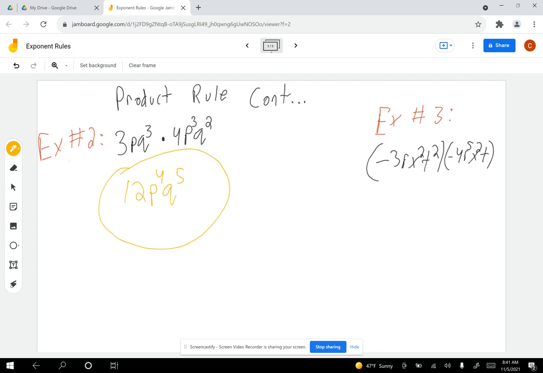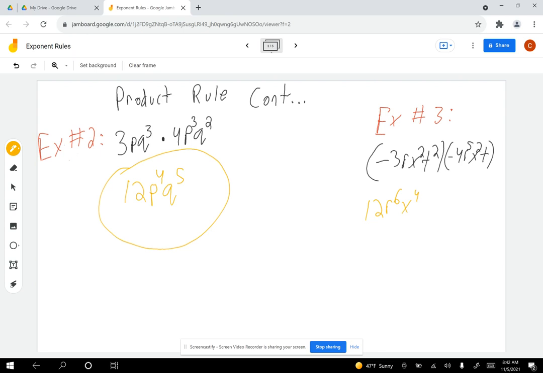Now, if I look at example number 3, I can see that there are negative numbers. The negatives don't matter. We're going to carry on normally. So negative 3 times negative 4, negative times negative is a positive, 3 times 4 is 12. So I have positive 12. R to the first times R to the fifth should give me R to the sixth. X to the second times X to the second should give me X to the fourth.